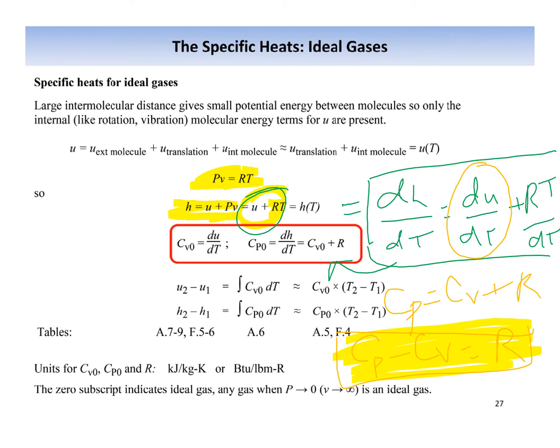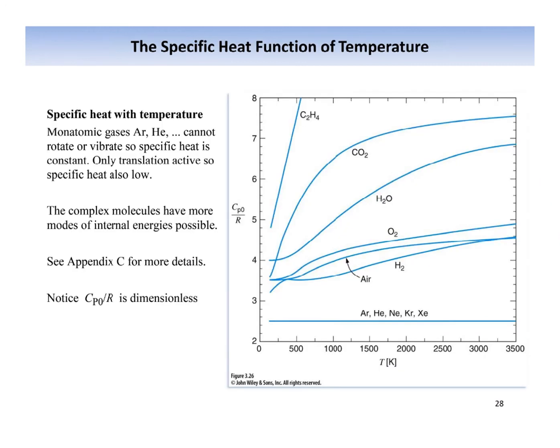Now we can see by this graph that the specific heats of pure substances are a function of temperature. You may have previously considered that specific heats remain constant in all cases, but that's not true.